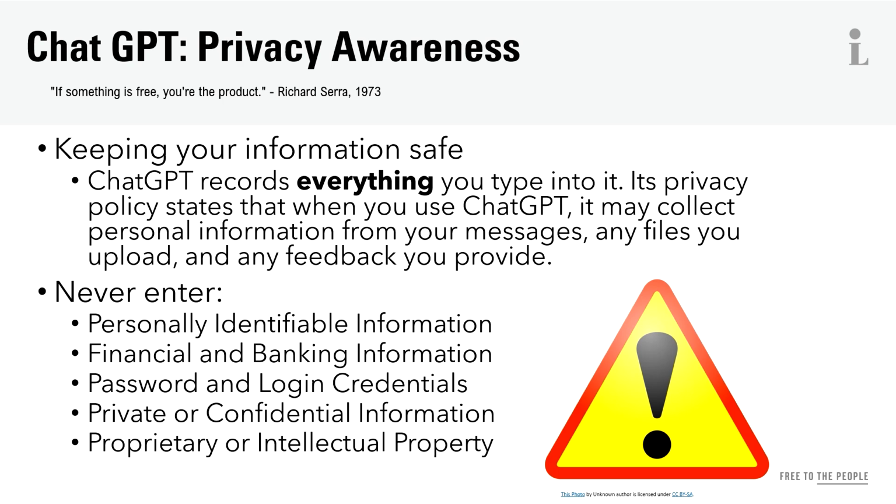Things like your personal identifiable information, financial or banking information, password login credentials, private or confidential information, and proprietary or intellectual property. So if you're working on the next great novel, or you have an idea for an amazing invention that you want to get a patent on, I wouldn't upload those into ChatGPT.